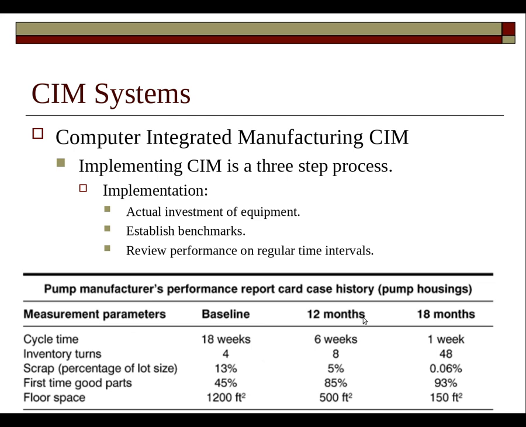All right. So after implementing some of these various things that they identified here as part of the computer integrated manufacturing, after 1 year they were able to reduce the cycle time down to 6 weeks and double the number of inventory turns, reduce the scrap, increase the number of parts good the first time around so you don't have to rework nearly as much, and also reduce the floor space.